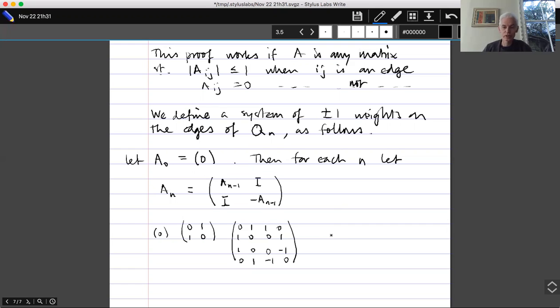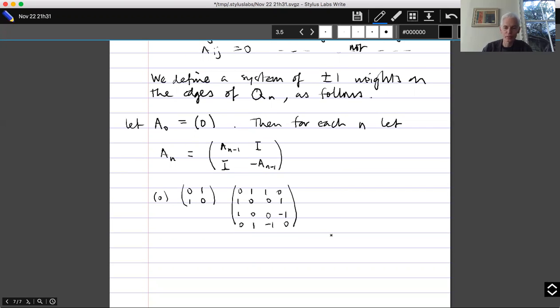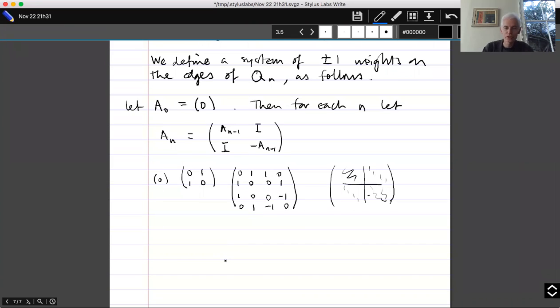I won't bother to write down another one, but I would just take this matrix, put it here, and then put an identity, and minus that matrix, and get an 8 by 8 matrix for the next one. Let's just quickly see why it's orthogonal.